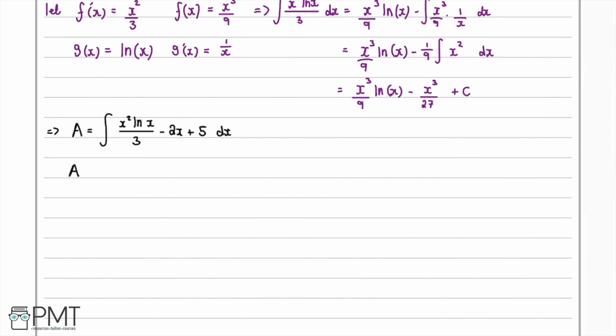So the area is going to be, we've just worked out what this integral is, so we'll copy it down: x cubed divided by 9 ln of x, then we subtract x cubed over 27, and we don't need to add c because we're about to deal with our limits.